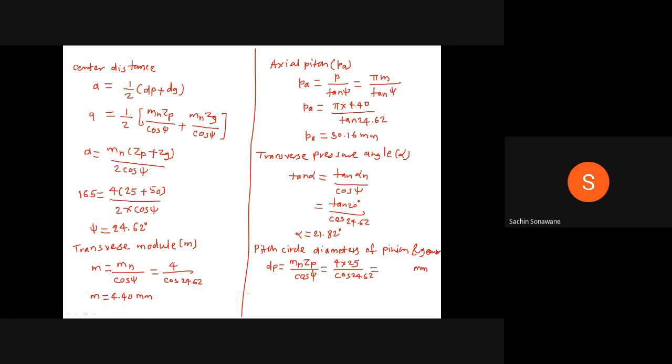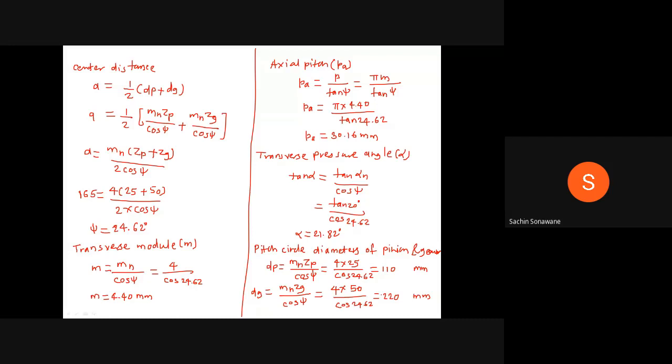Then the pitch circle diameter of gear, dg is equal to Mn into zg upon cos psi, which is equal to 4 into 50 divided by cos of 24.62. What are dp and dg? dp is equal to 110 and dg is equal to 220. Yes, correct.